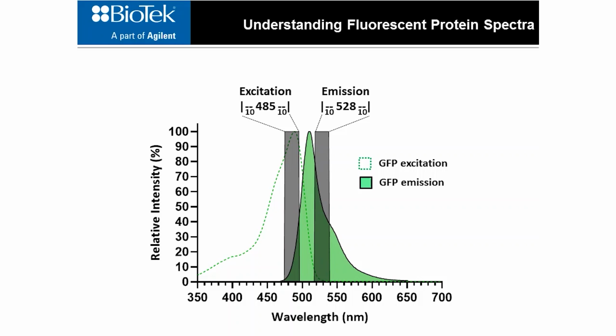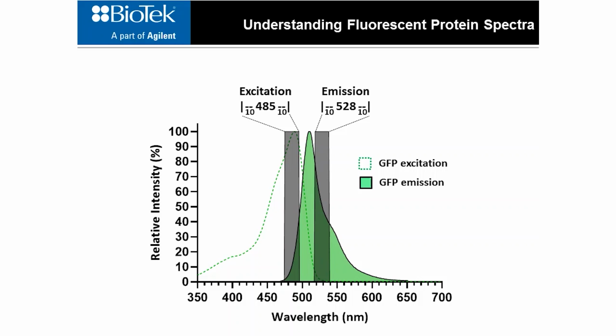It can collect 485 plus or minus 10, and the same is true for the emission filter: you have a central wavelength that is able to pass through, 528 plus or minus 10 nanometers. And this configuration for filters works out well if you're only measuring GFP.